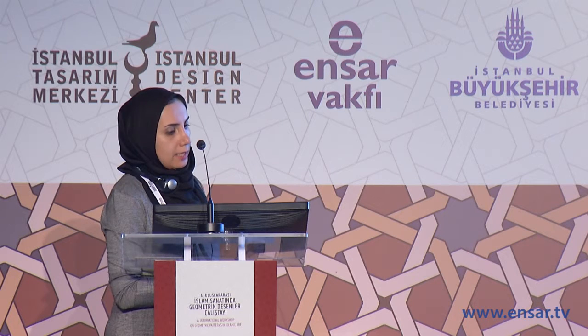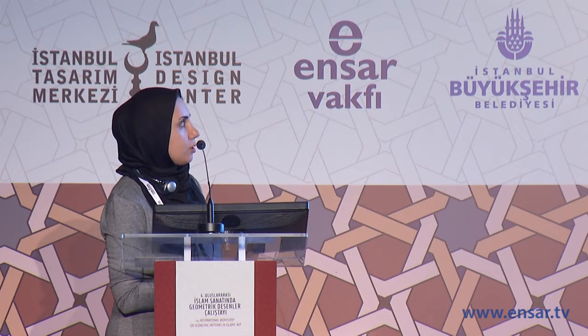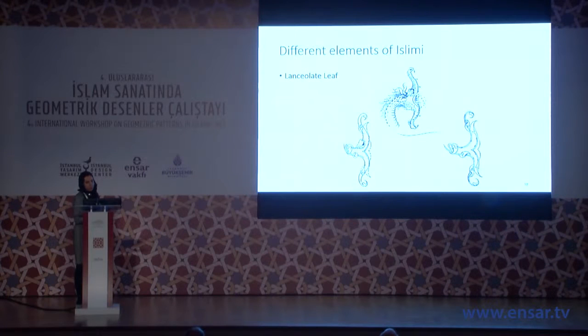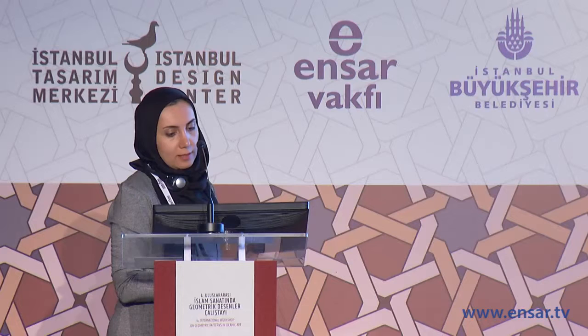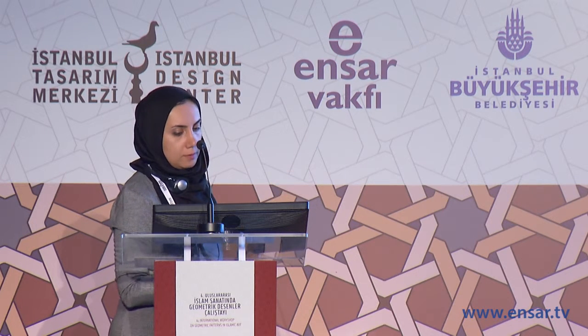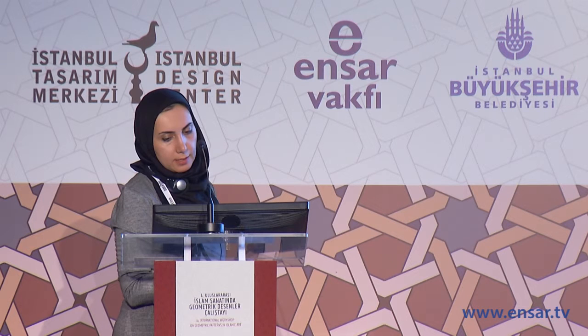We have the lanceolate leaf, which resembles the mouth of a dragon. This is very Chinese, of course, influenced. We see this type of flower on the head of the spirals to finish the line. You can see them in many instances.